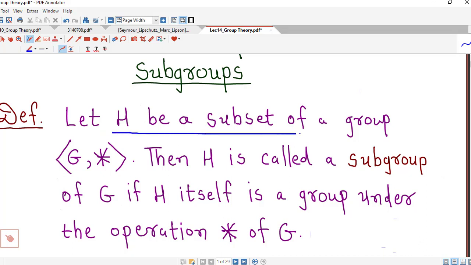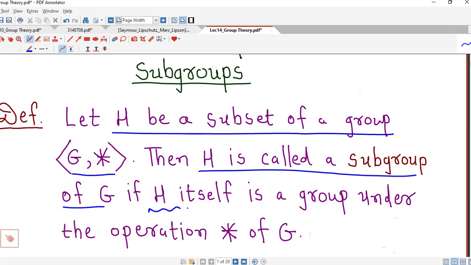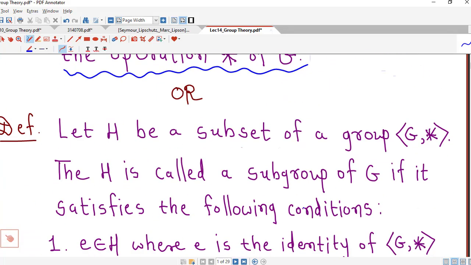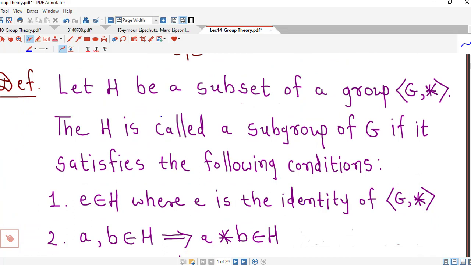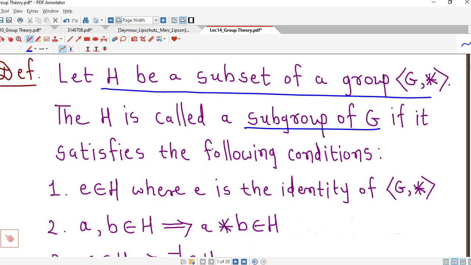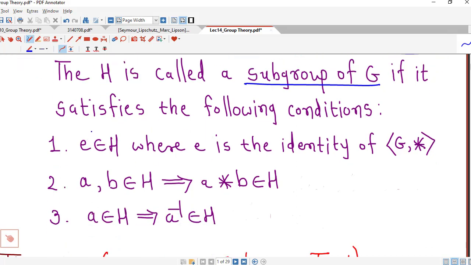Let H be a subset of a group G with star, then H is called a subgroup of G if H itself is a group under the binary operation star of G. And another equivalent definition is, suppose H is a subset of a group G with binary operation star, then H is called a subgroup of G if it satisfies the following three conditions. So these are the conditions which I just discussed.